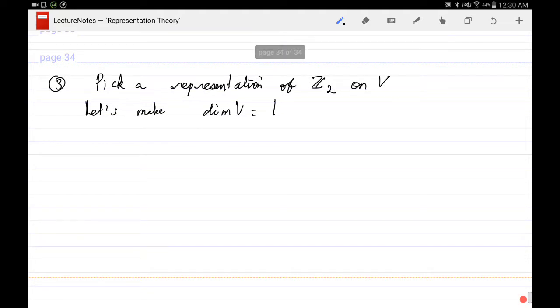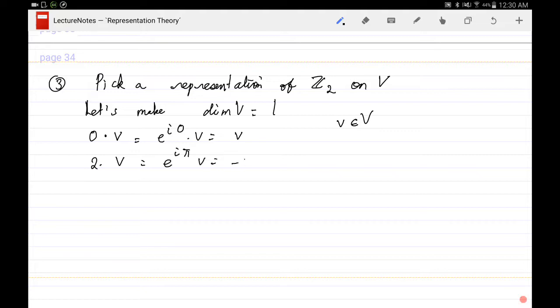And we're going to say that 0 will act on V as e to the i 0, which is V, and then 2 will act on V by e to the i pi V.